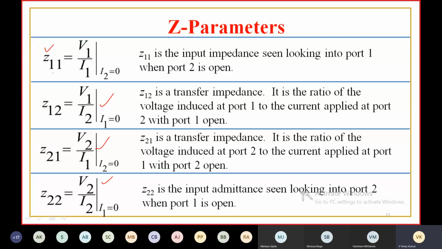This is the first subscript, and this is the second subscript. So V1 by I1. In the numerator you take the first subscript, in the denominator you take the second subscript. Then Z12 is V1 by I2, and Z21 is the ratio of V2 by I1. You take the first subscript in the numerator, the second subscript in the denominator.